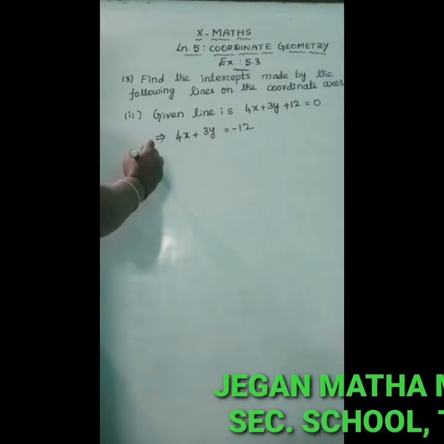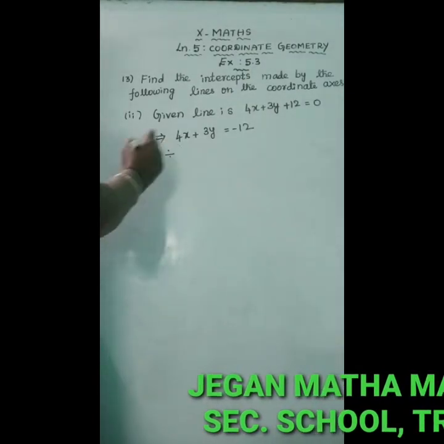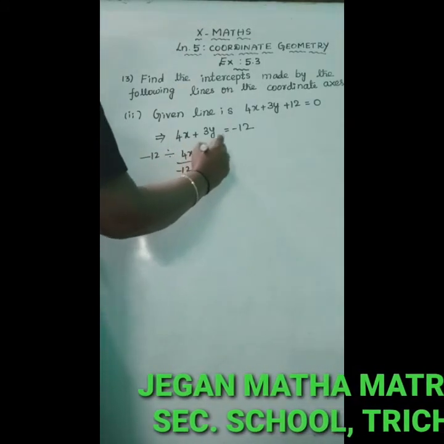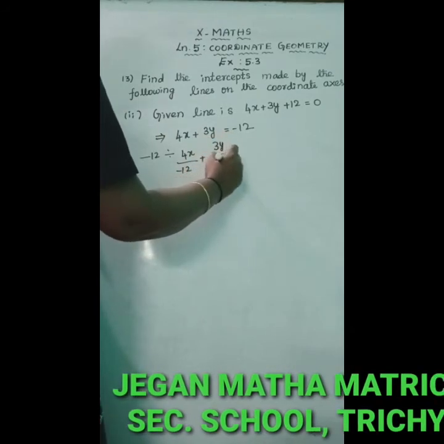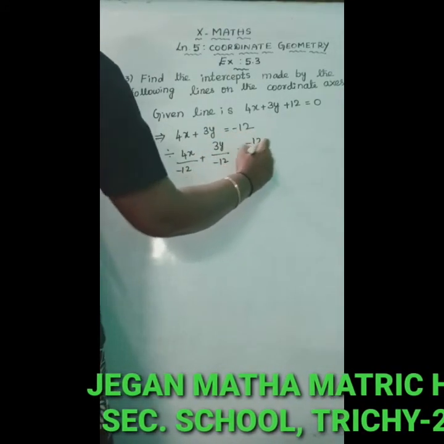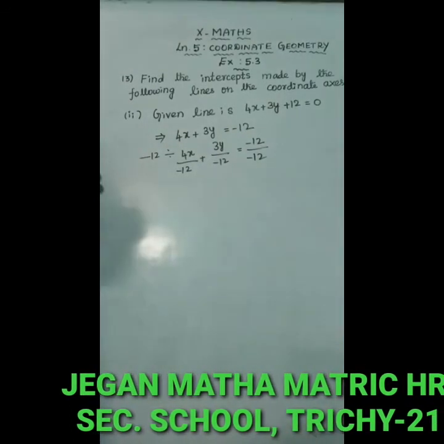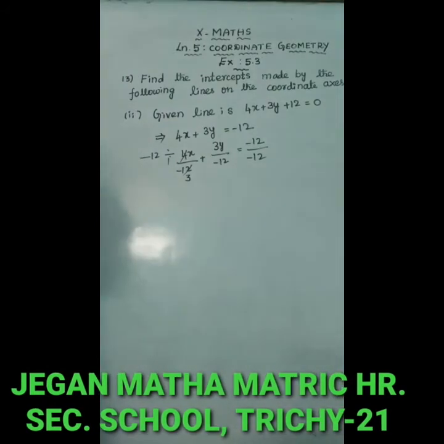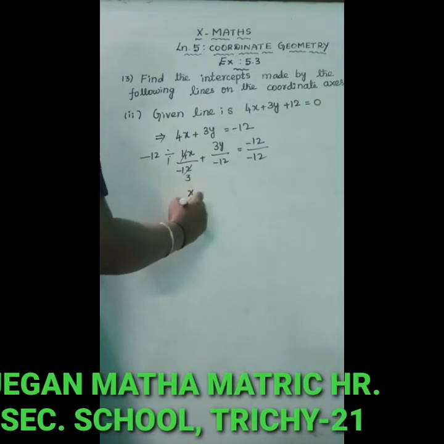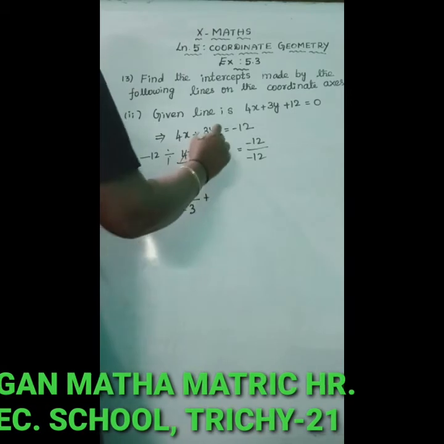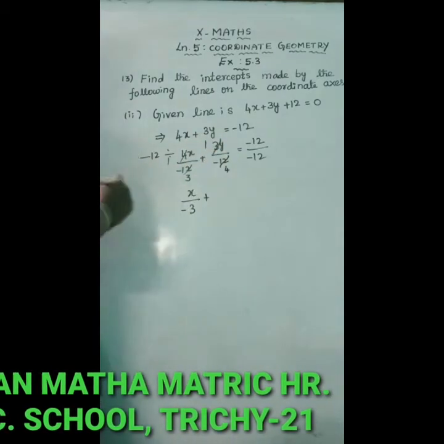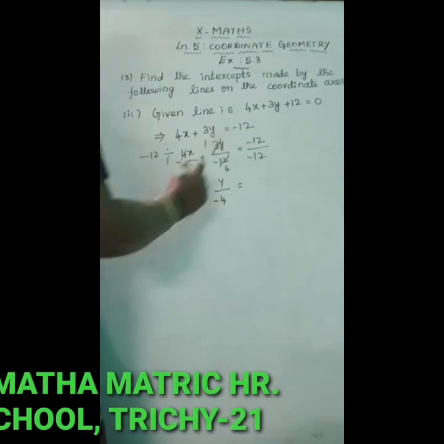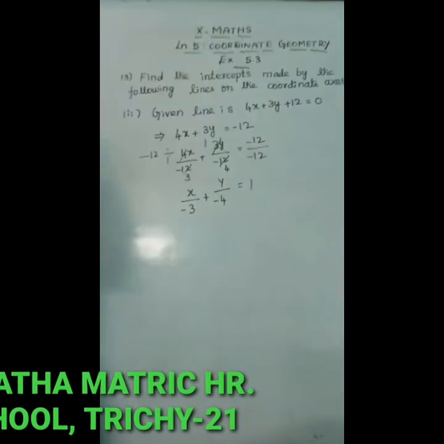So divided by minus 12 on both sides, we have 4x divided by minus 12 plus 3y divided by minus 12 is equal to minus 12 divided by minus 12. So simplify using the 4 table. So x divided by minus 3 plus y divided by minus 4. Then minus 12 divided by minus 12, we have 1.